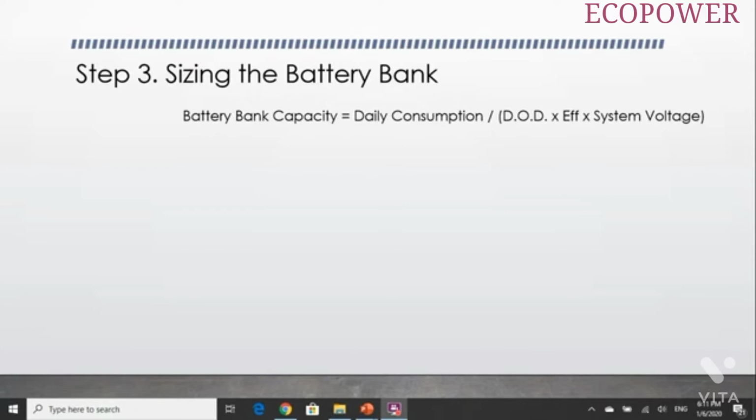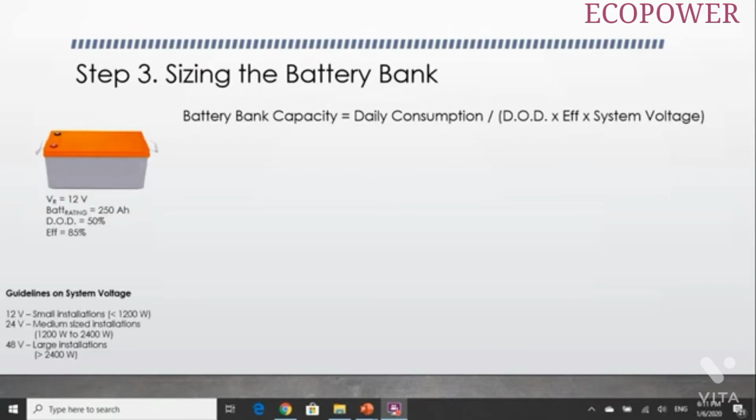The depth of discharge, DOD, is the allowable level at which you can drain your batteries. Over-discharging your batteries beyond the DOD can shorten their lifespan.